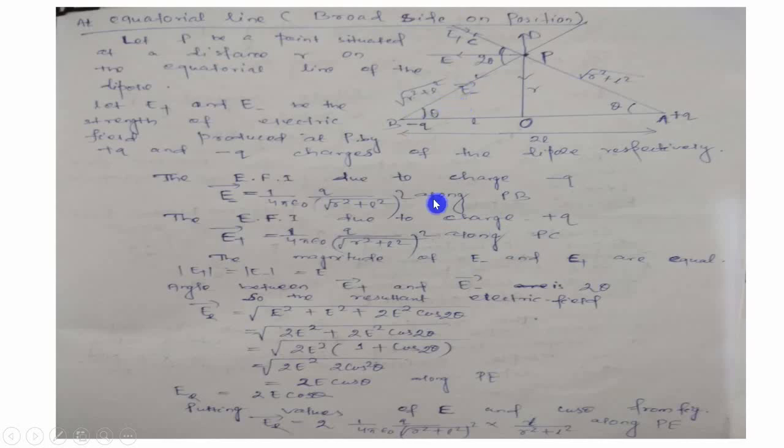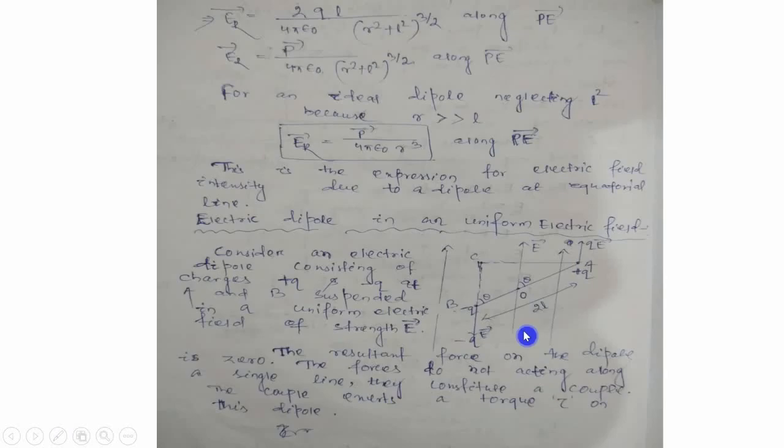So it will become L by square root of R square plus L square, and finally the resultant of the field is 2QL divided by 4 pi epsilon naught (R square plus L square) whole to the power 3 by 2 along the direction PE. So it will become this much.